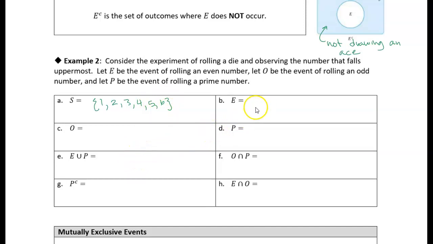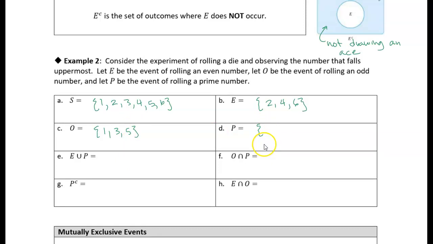E is the event of rolling an even number. So what does the event E look like? That would be rolling a 2 or a 4 or a 6, right? So that's how we would define the event E. O is rolling an odd number, right? So that would be a 1 or a 3 or a 5. That would be our odd event.